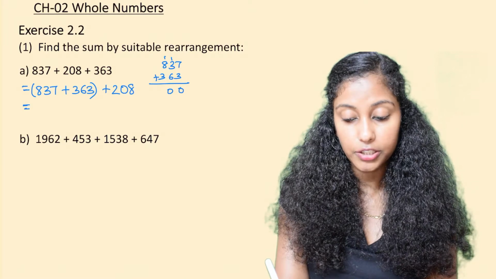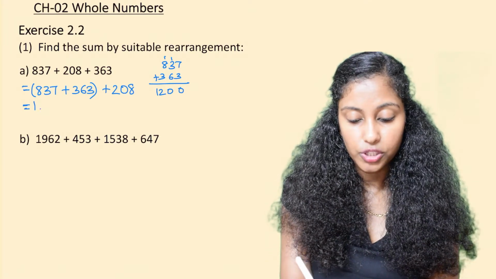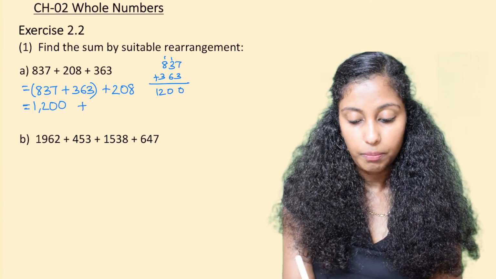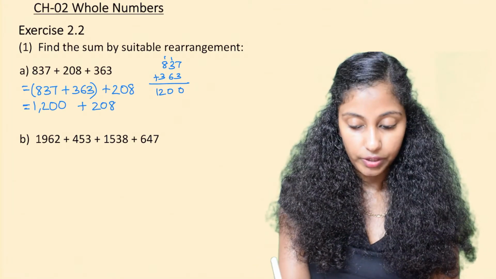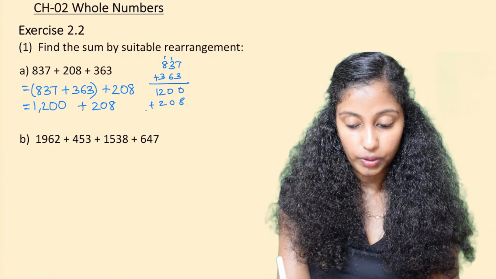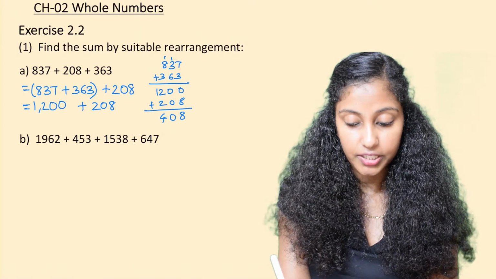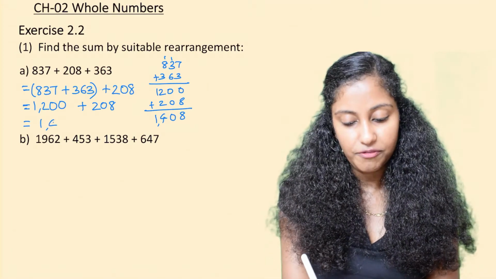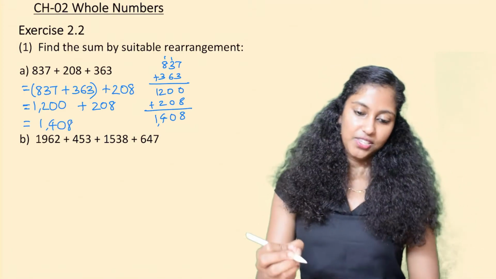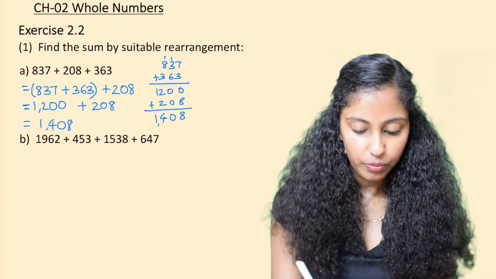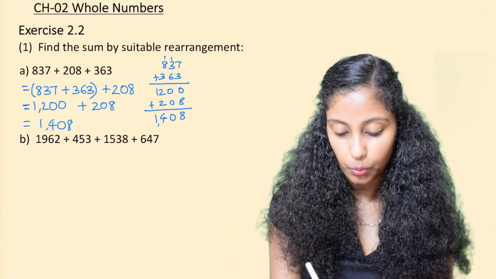So here we get 1200 plus 208. When we add 208 to 1200, we get 1408.